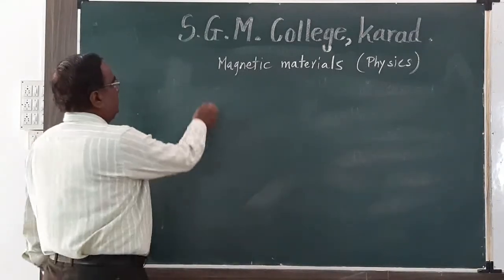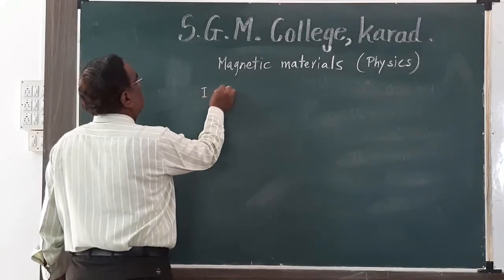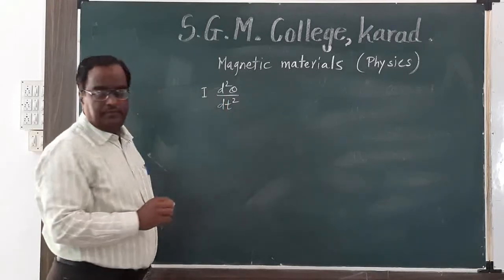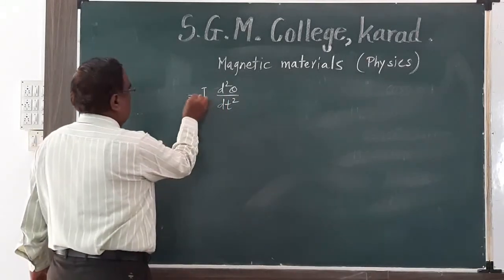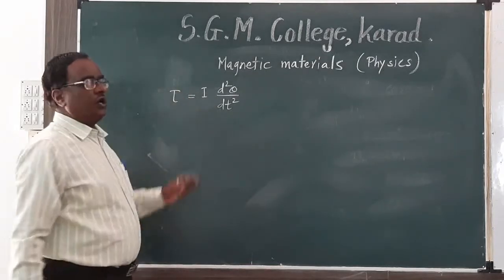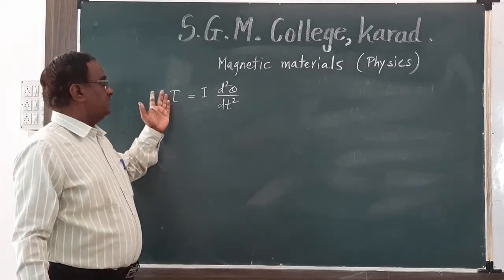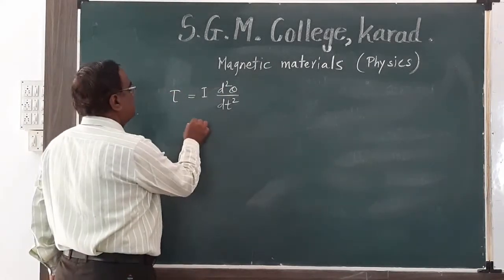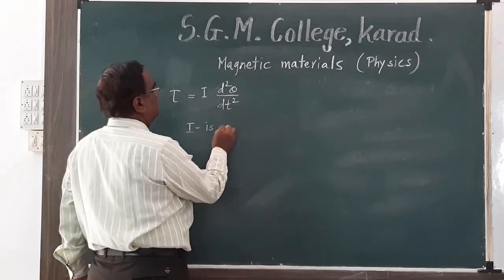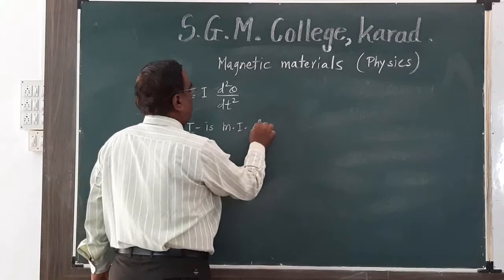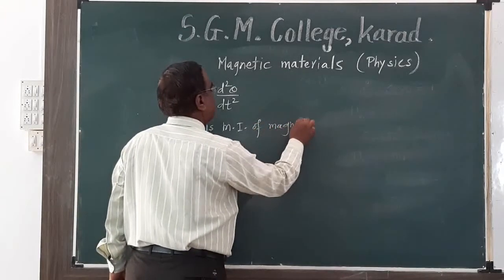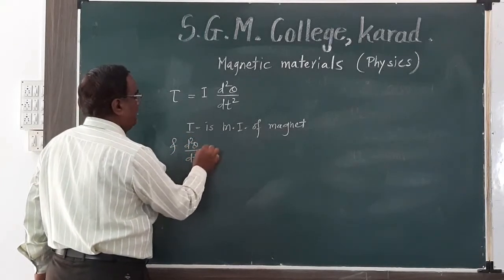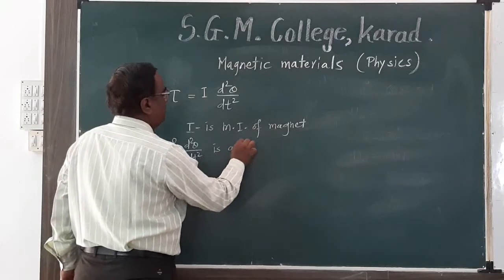The restoring torque is given by I d2 theta upon dt square, where I is the moment of inertia of the magnet and d2 theta upon dt square is angular acceleration.